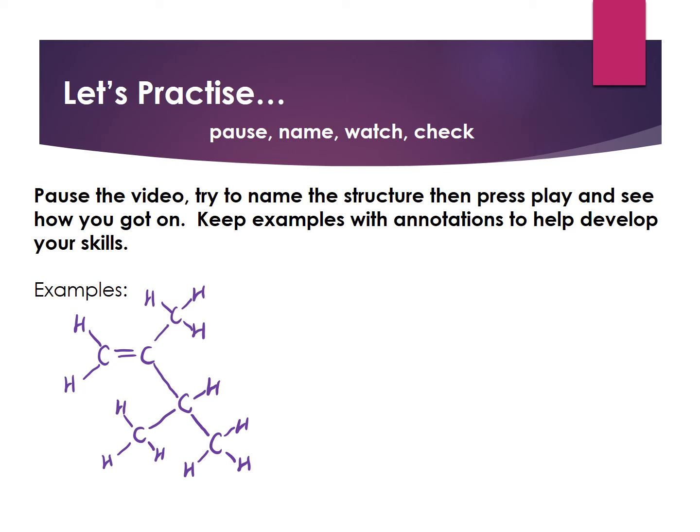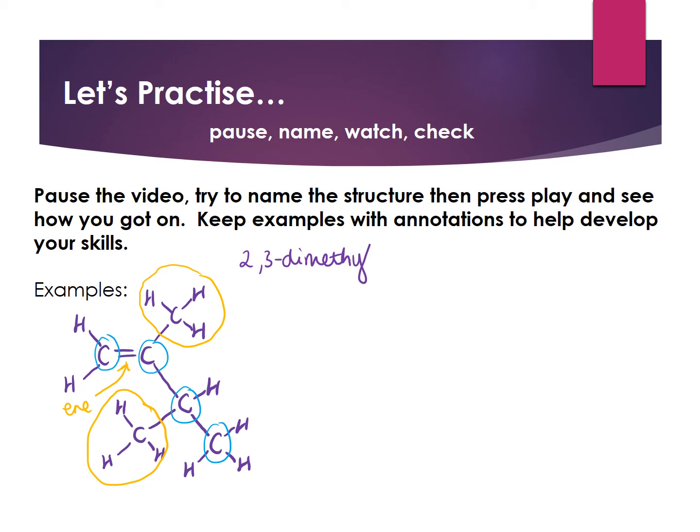Next one then, let's look for the longest carbon chain. So the longest carbon chain looks like it's going to be 1, 2, 3, 4 here. We've got to think about the alkene group, the E in there. We've got to have this methyl group and another methyl group here. So the correct name for this compound is going to be 2,3-dimethyl but-1-ene.